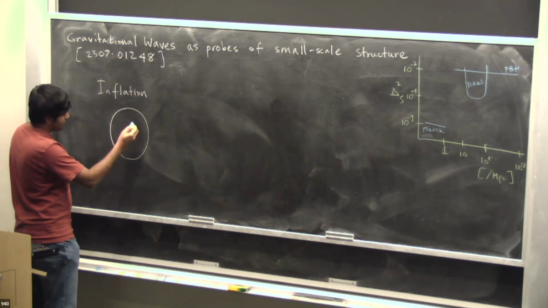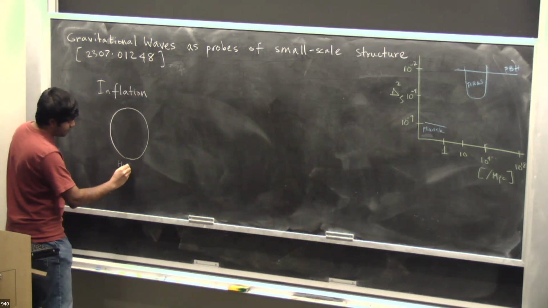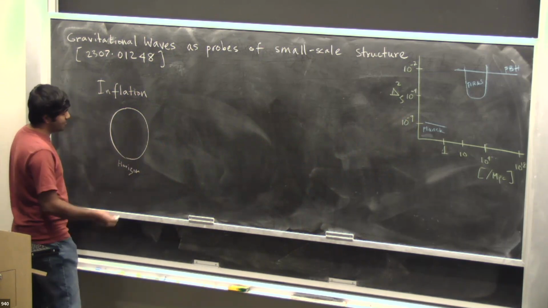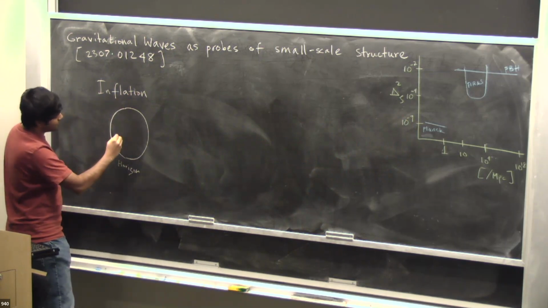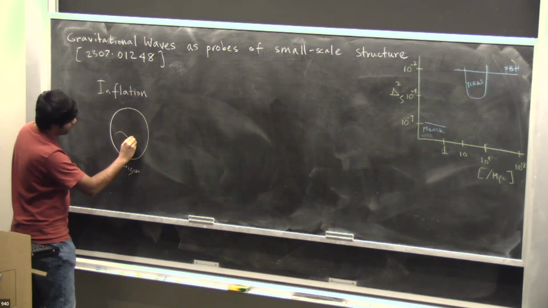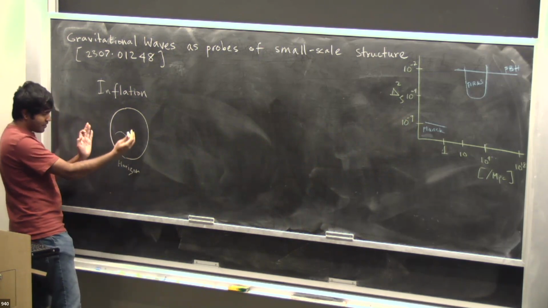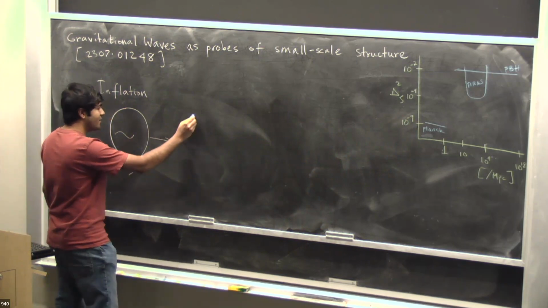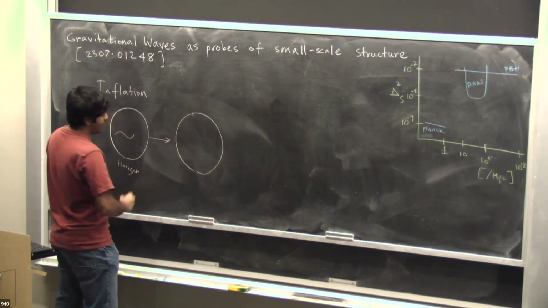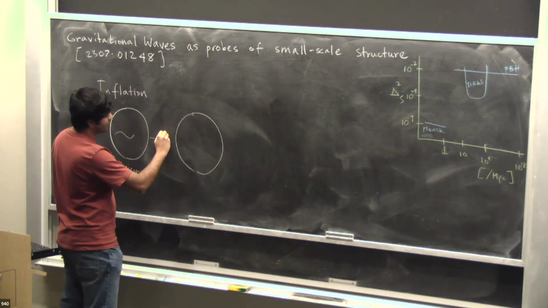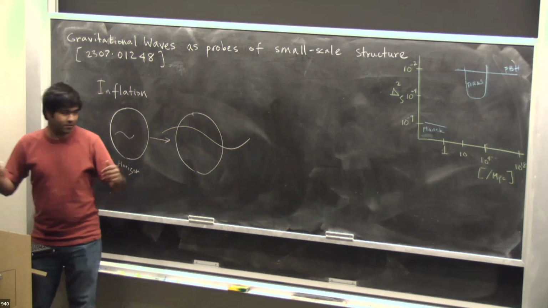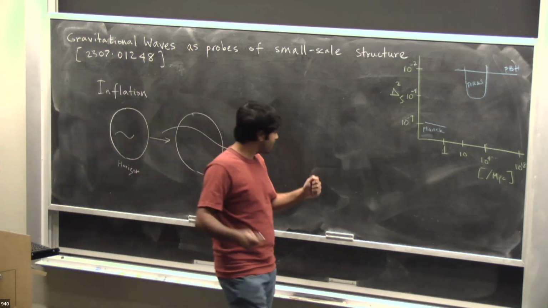For example, let's say this is the size of the causal horizon during inflation at some instant. If you take a small subhorizon quantum mechanical fluctuation, then as the universe expanded, this fluctuation got very rapidly stretched to some super horizon size. So it became very large very quickly.